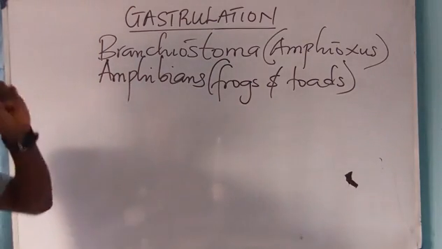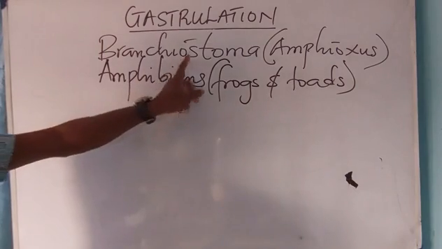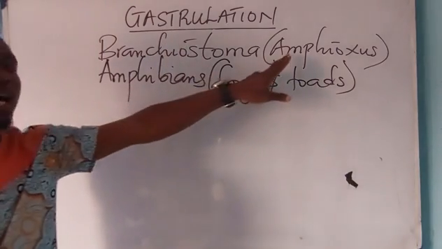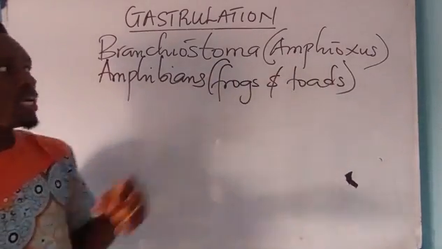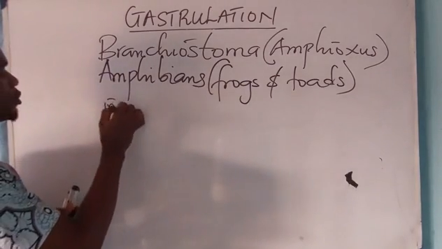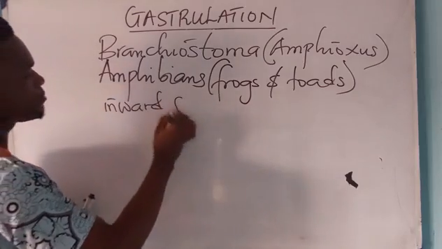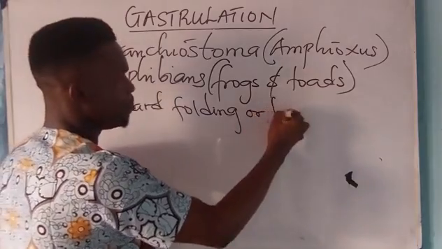The gastrulation process that occurs in Branchiostoma, otherwise called Amphioxus, and amphibians, frogs and toads, is characterized by the inward folding. Look, this is the word. The inward folding or bending.